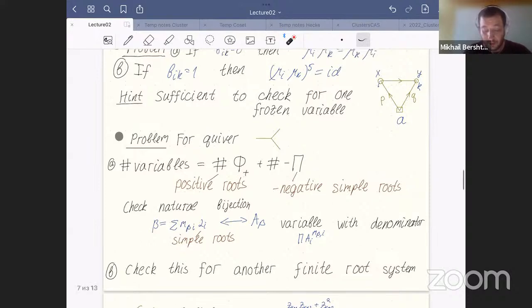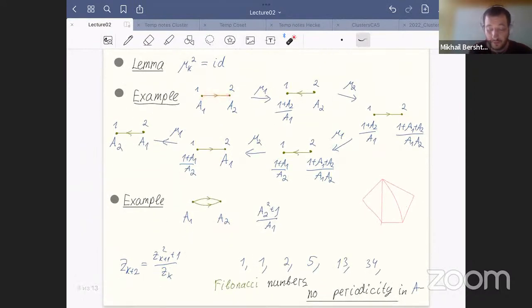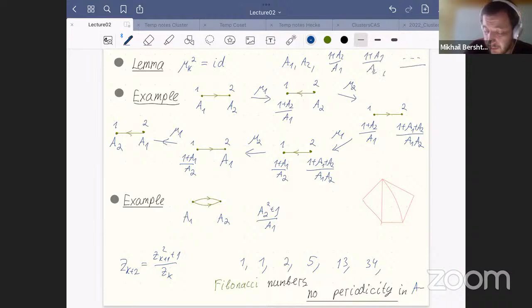In particular, in this example, which corresponds to A2, we have 5 variables: a1, a2, (1 plus a2) over a1, (1 plus a1) over a2, and something over a1 a2. These two correspond to minus simple roots, these two correspond to simple roots, and this is the sum of two simple roots.